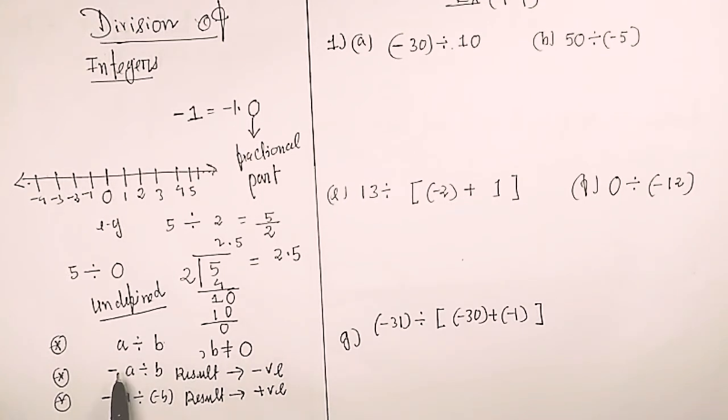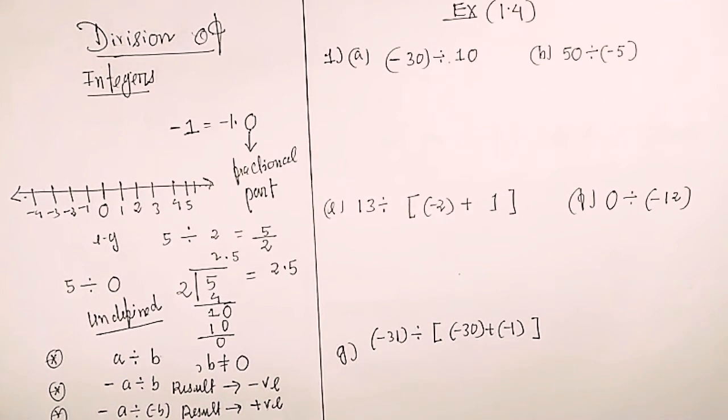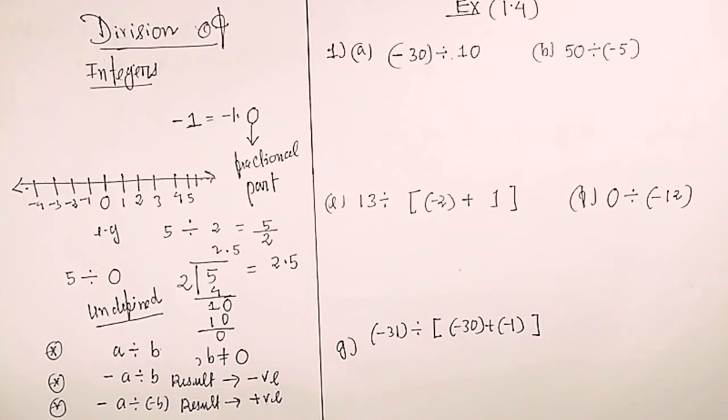So these are the 3 important points you should remember. Division by 0 is never allowed. Point number 2, when you divide a negative integer by a positive integer, the result is always a negative number. When you divide a negative integer by a negative integer, the result is always positive. So these are some key points you should remember.